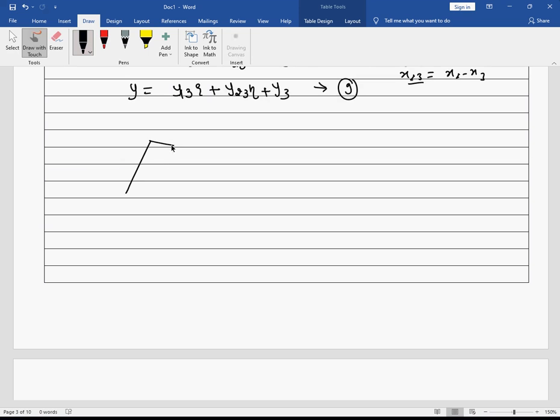So there is one triangle. Okay, so this is the coordinate system, and we are talking about global coordinate system. So let us say this is 5, 5, and we can say this is 8, 8, and this I could say maybe 5, 8.